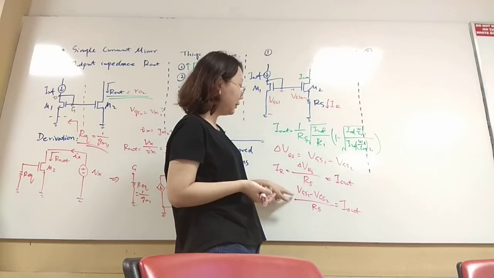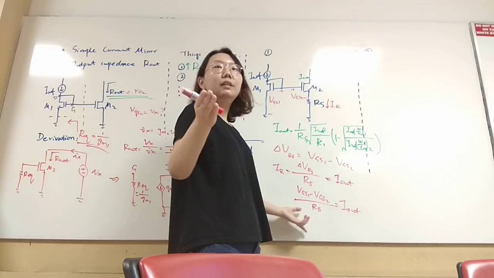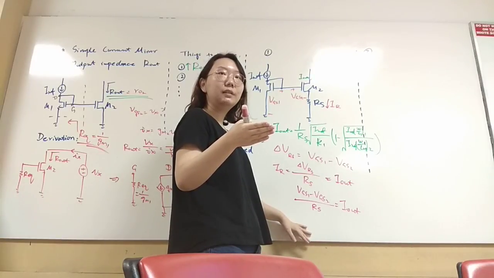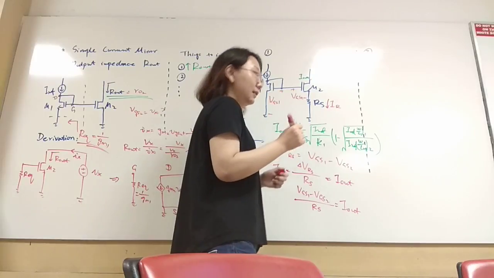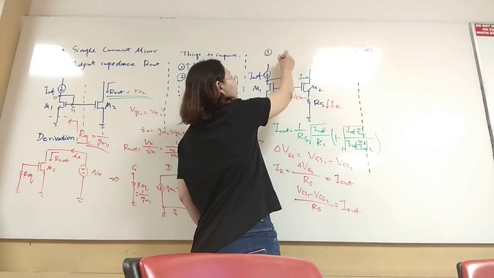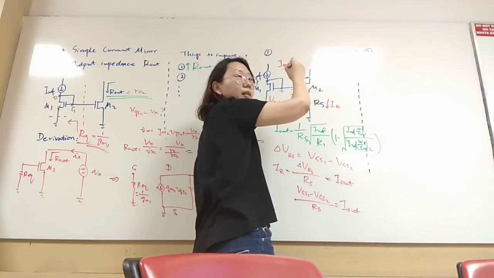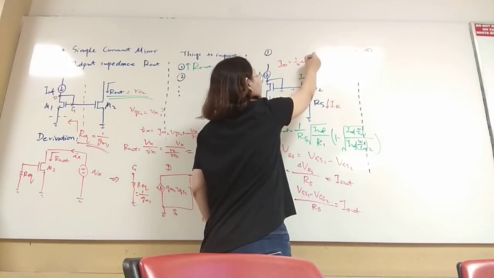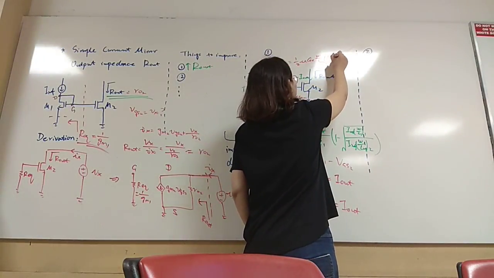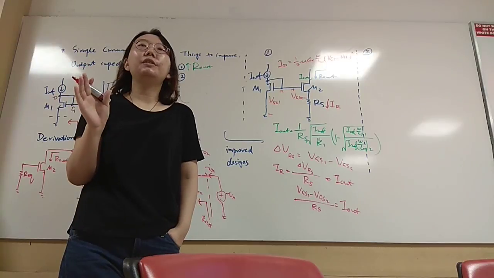Okay, so now your job is to just try to convert your VGS into something related to your I reference. How do you convert your VGS into I reference? You use the VGS minus VT squared, the aspect ratio formula, which is basically the ID equation of your MOSFET, if we ignore the channel length modulation.